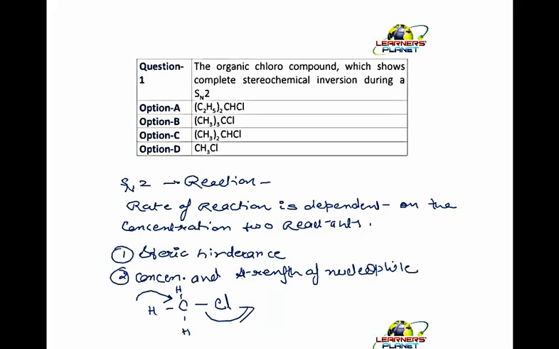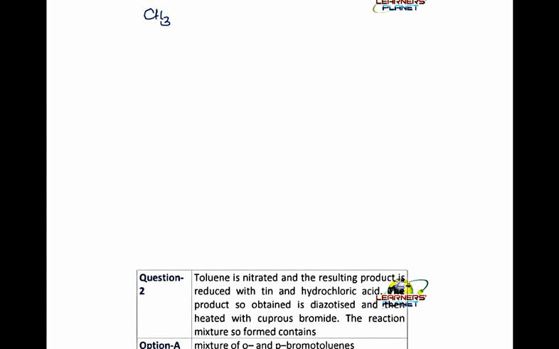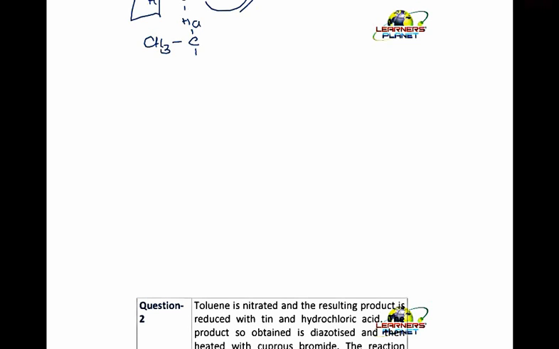Now students, as it is attacking from the backside, if this group is larger, say in your option C, what is your option C? It is CH3C, this is again a CH3 over here, then we have got H and Cl, so the attack is from this side. Now your CH3, these are the bulky groups, they'll hinder the attack.